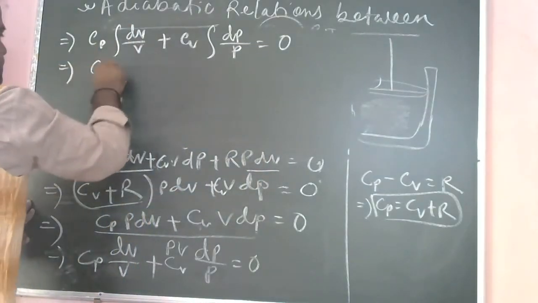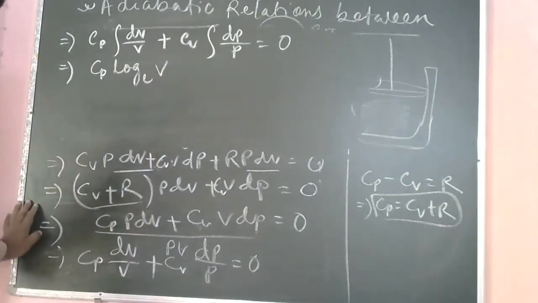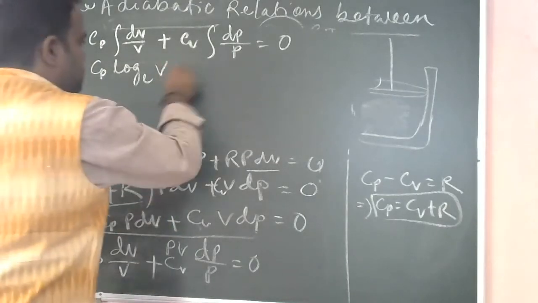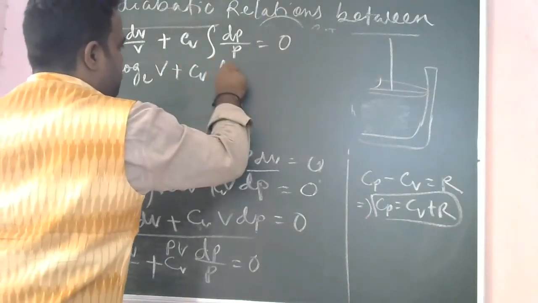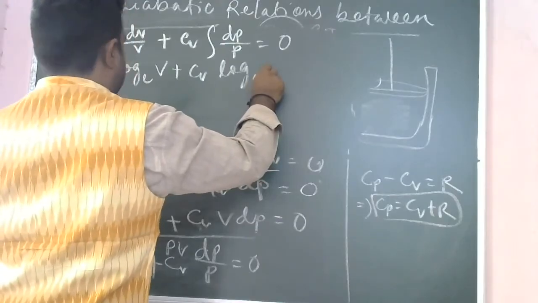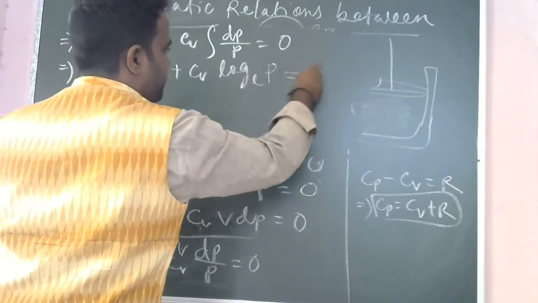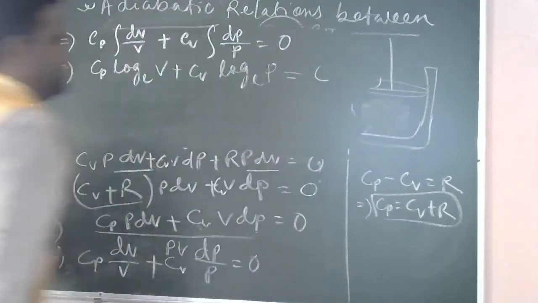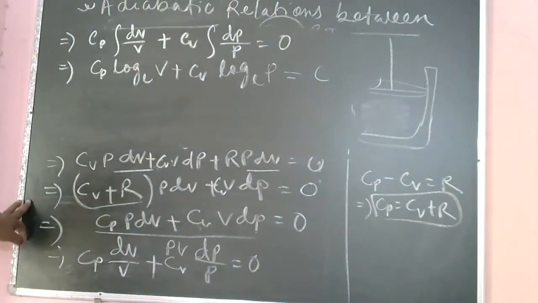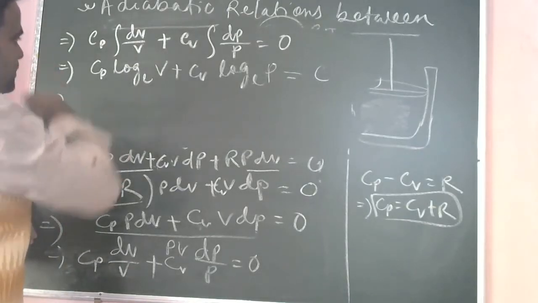So this one will be Cp log base e, ln V, right, plus Cv log e P is equal to a constant. Integration of 0 is a constant. Now you can write in this way.